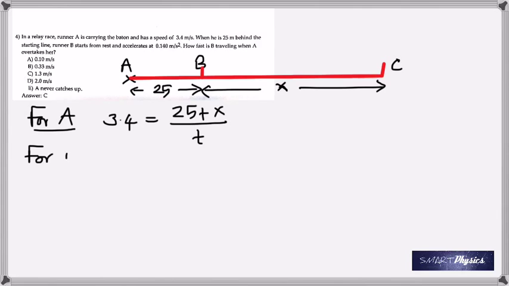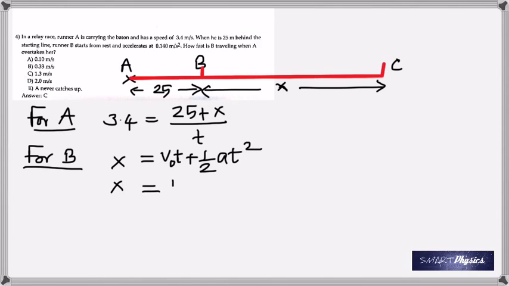Now in the case of B, this is a case where there is a constant acceleration. So we will use the king, I call it the king, which is x is equal to v naught t plus 1/2 at squared. And when you plug it into that, because the initial velocity is 0, this whole term becomes 0.